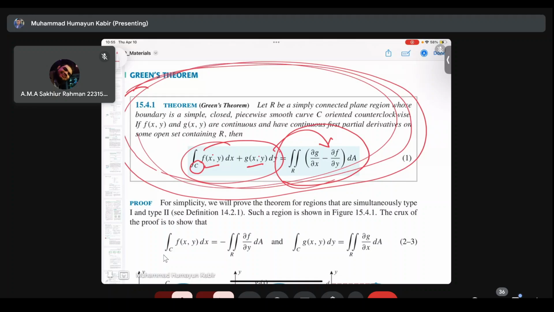So you take the partial derivative of g with respect to x minus the partial derivative of f with respect to y. There is a technique to remember it. With f you have dx, that's why you differentiate f with respect to y. And with g you have dy, so you differentiate g with respect to x. Understood? So by using Green's theorem, we can find the value of this complicated line integral very smoothly.